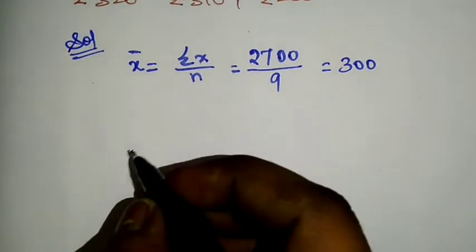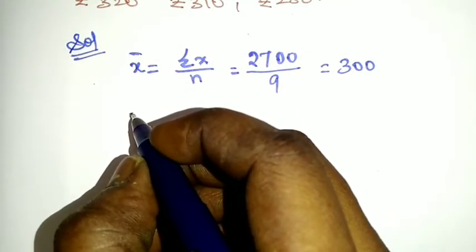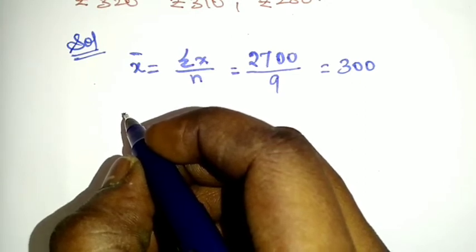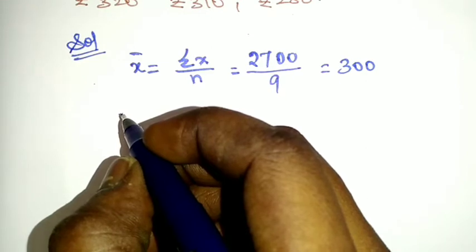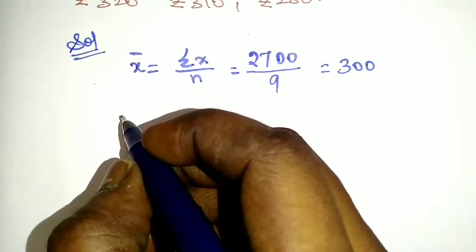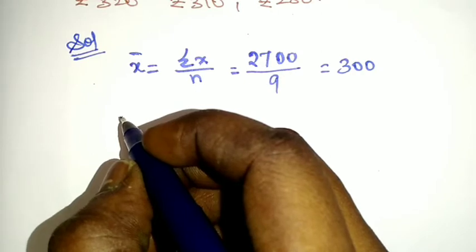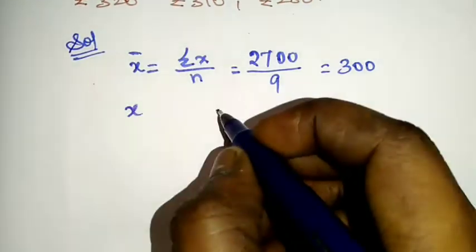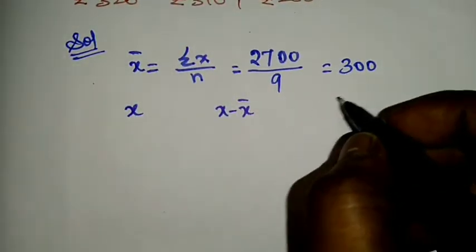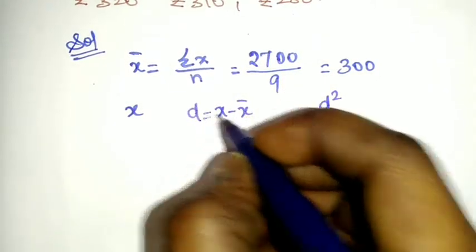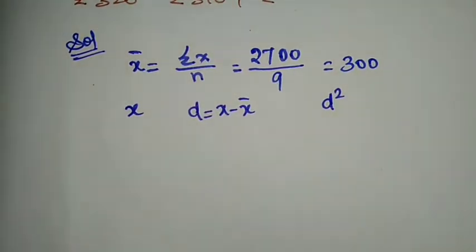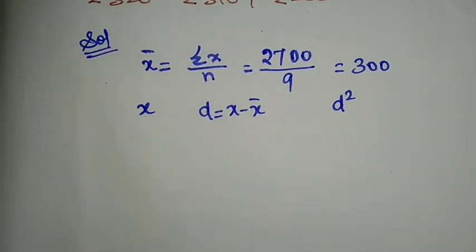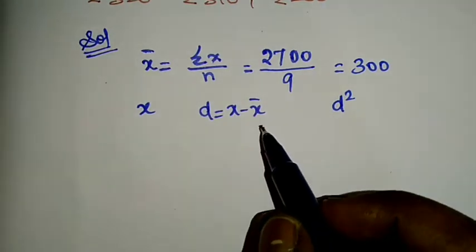Here we know the formula: variance sigma square is equal to summation d square divided by n, and sigma is equal to the root of summation d square divided by n. So now we have to find x minus x bar and d square. Here d is equal to x minus x bar.